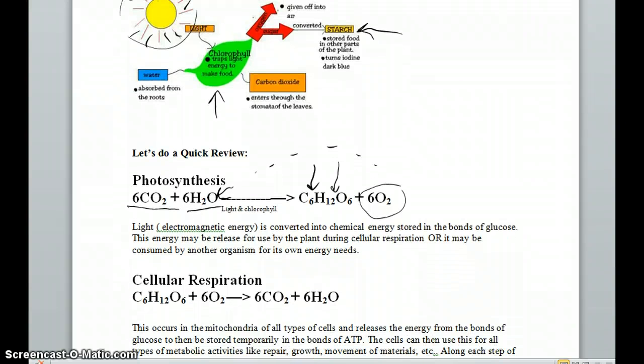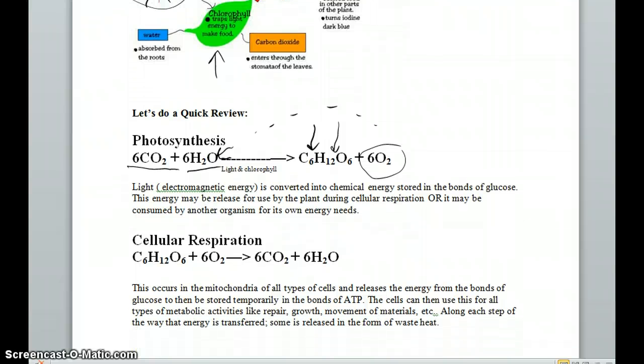So the plants are using this for their own purposes. They have to repair, they have to grow, they have to move things around inside of themselves, so they're going to use that energy. But we're very lucky that plants tend to store more energy than they need for their own purposes. And thus, we get to utilize that extra energy.